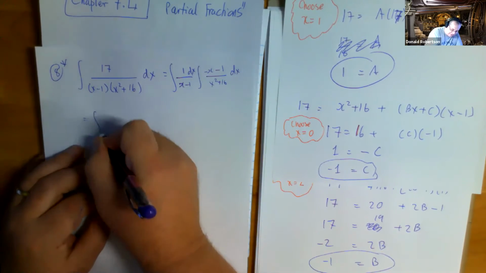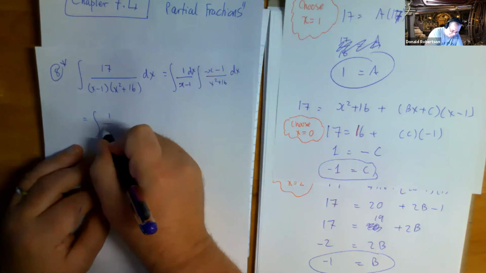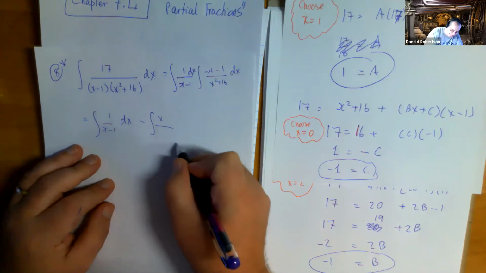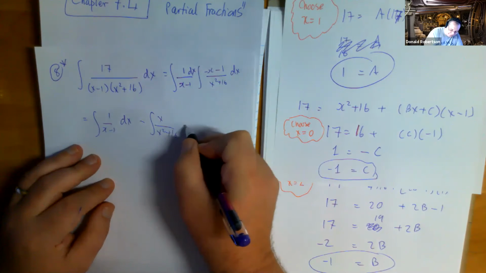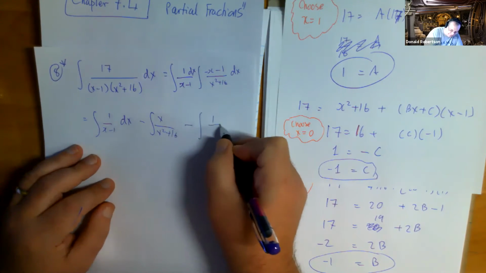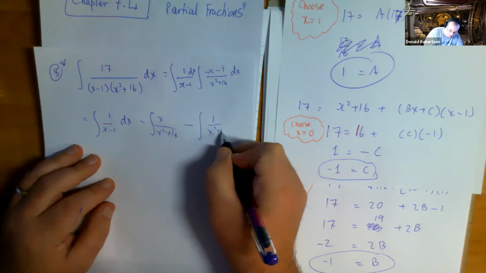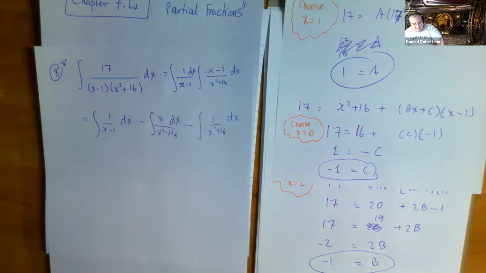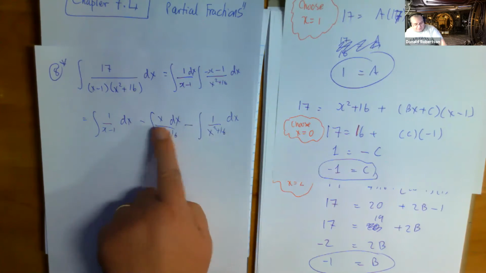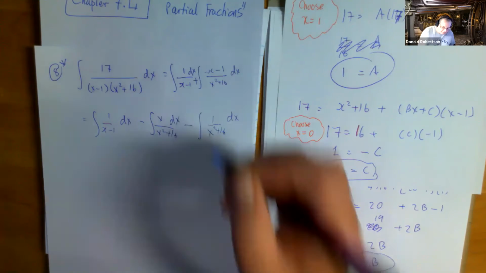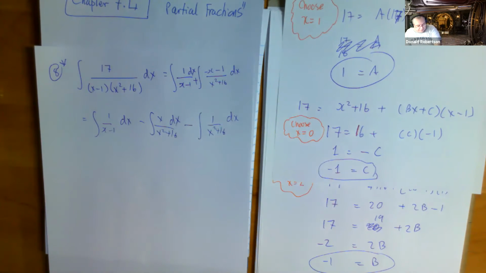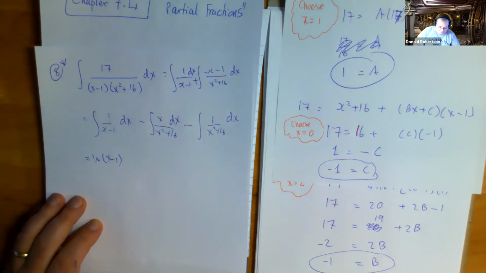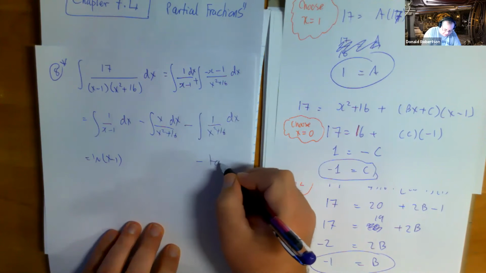Actually, now I think about it, shouldn't we do all three of them separate? I'm going to break this into two separate pieces. This is technically a plus here. This guy is a natural log. This guy is an inverse tan.